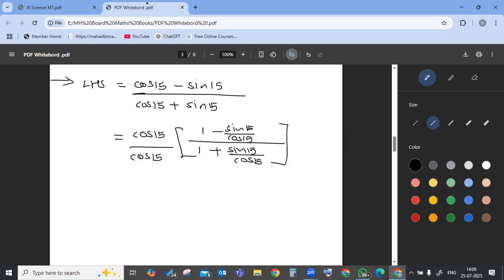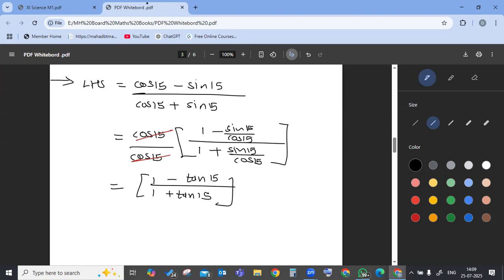Right? So this becomes what? The cos 15 cancelled, and this becomes 1 minus tan 15 upon 1 plus tan 15.